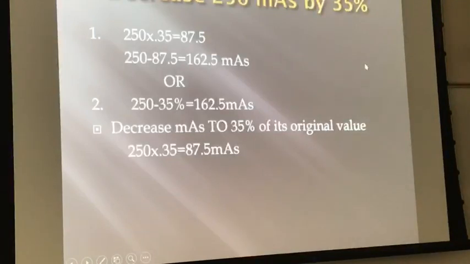All right, so now we have decreased mass by 35% of the original value, and that is just stopping at this point right here. So you've really blasted the patient with way too much radiation, and you need to cut your technique back to 35% of what your original value was. Then you would just multiply 250 by 0.35, and that would give you your 87.5.